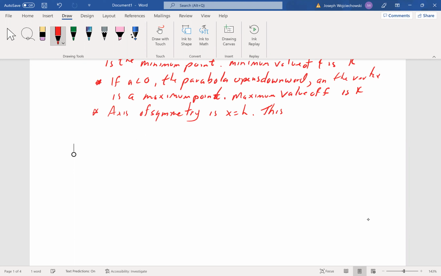This is the vertical line that passes through the vertex.